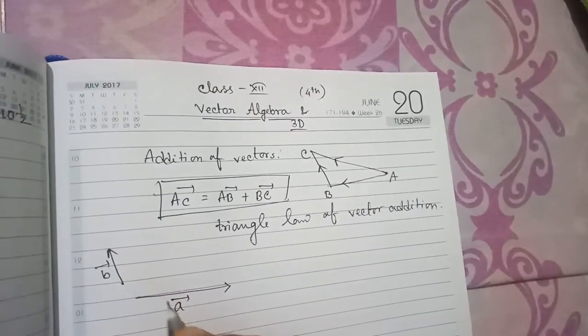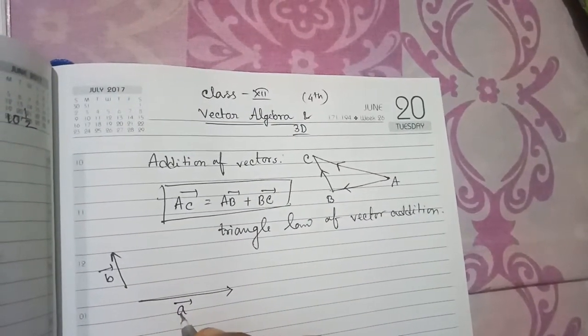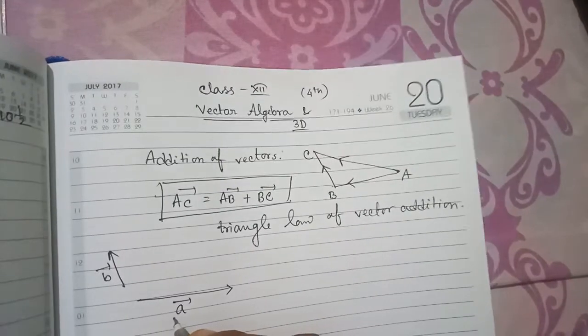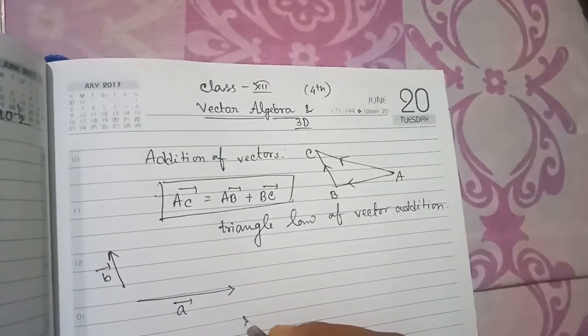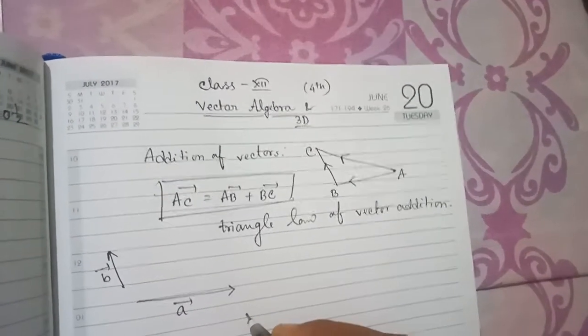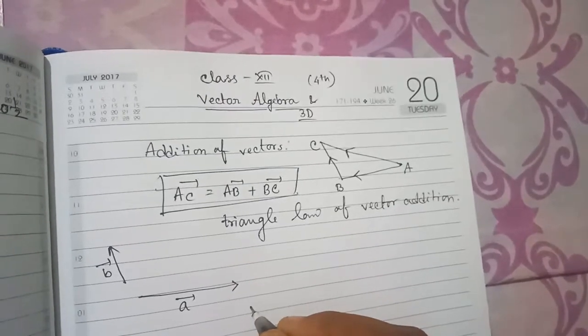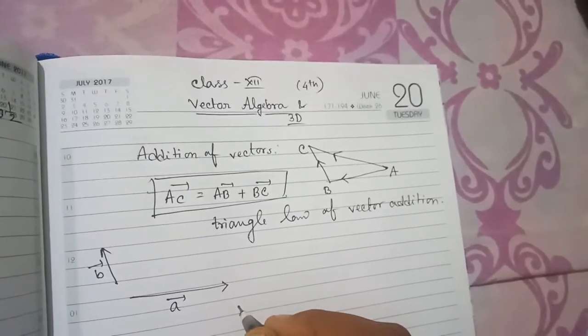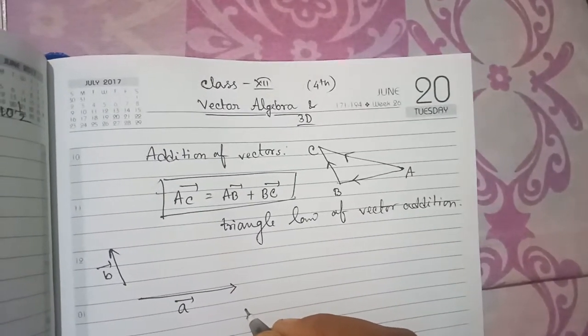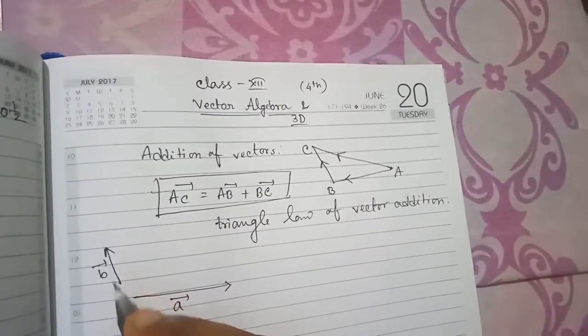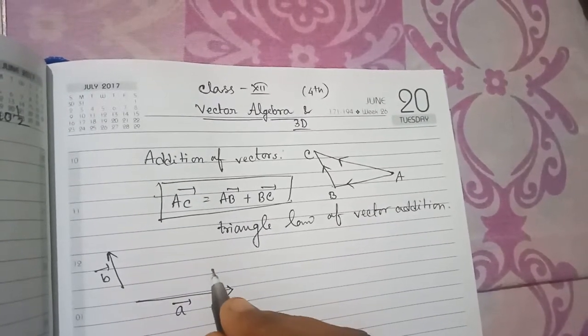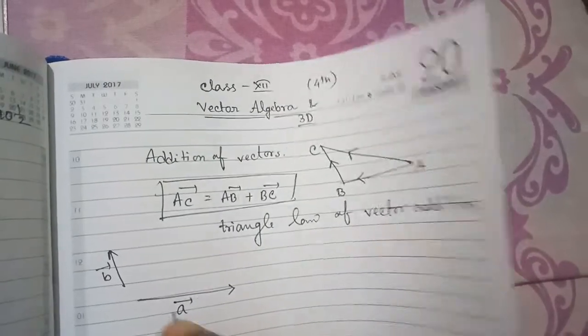These two vectors, in this position we can't add. But as I told in the previous session, whatever vectors we will be dealing with here in class 12, all will be free vectors. That means we can take any vector displacement without changing its magnitude and direction.